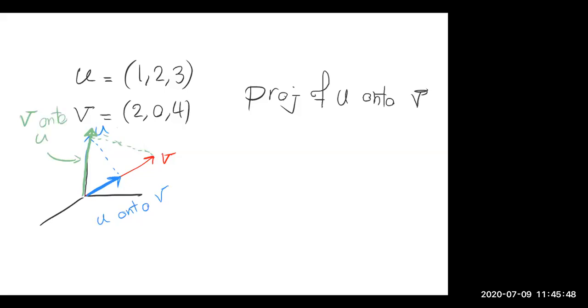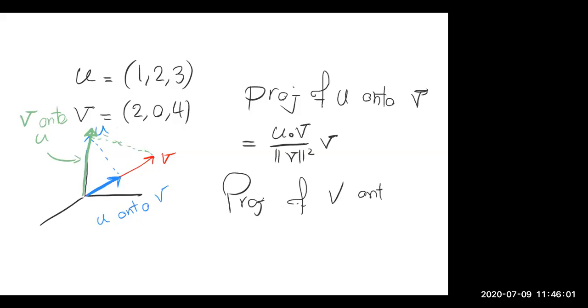And also in the computation, projection of U onto V is U dot V over norm of V squared times V. Projection of V onto U is V dot U over norm of U squared times U. So the roles of U and V change in the equation.